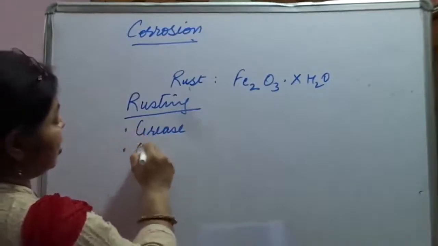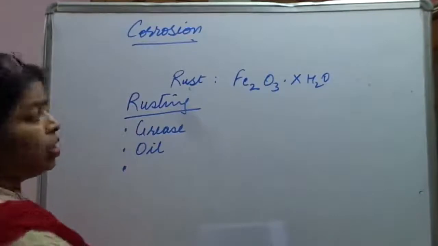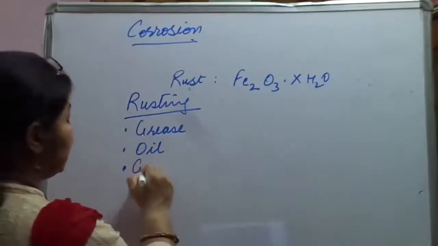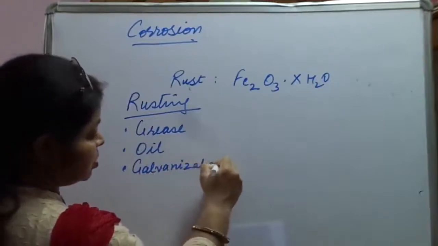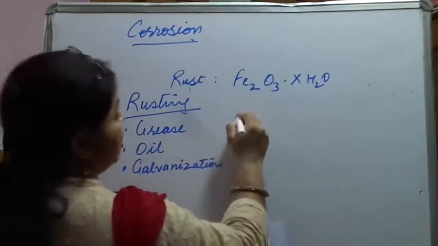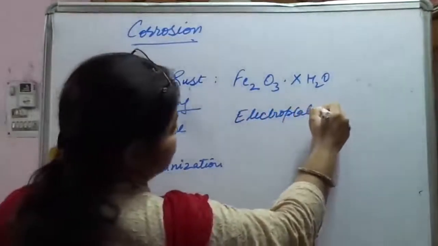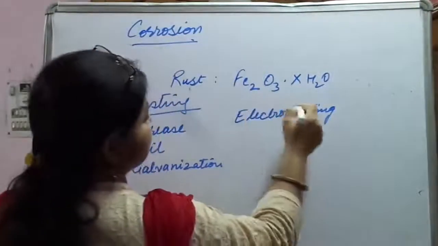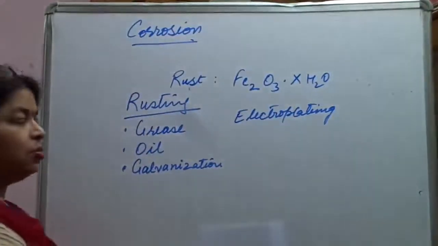We can oil the iron objects. Besides that, we can galvanize them, galvanization, okay. Electroplating can be done to avoid the rusting of the iron objects.